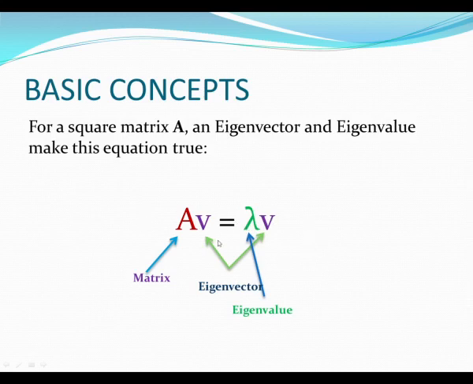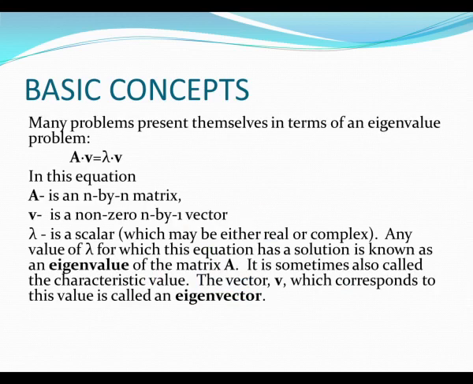And from here we can derive an equation that we can use in dealing with the eigenvalue and eigenvector topic. As we discussed a while ago, the product of any matrix A with the eigenvector is equal to the product of the eigenvalue lambda and the eigenvector.